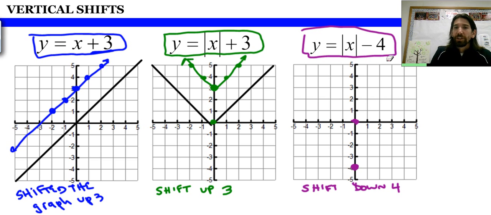That's my new vertex, and then my slope is still up 1 over 1. So there's 1, 2. And then backwards 1. So I get the V shape. You're always going to have a V shape when you have an absolute value. It's just the way it works. There you go. So I haven't changed the steepness, the slope is the same, but I am shifting up or down, depending on what I'm adding or subtracting.